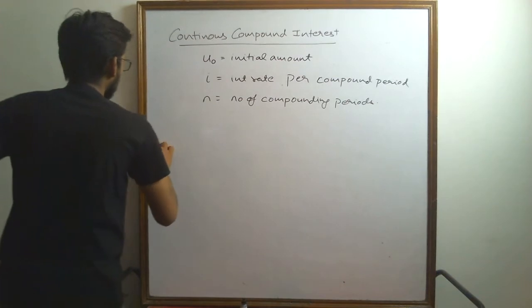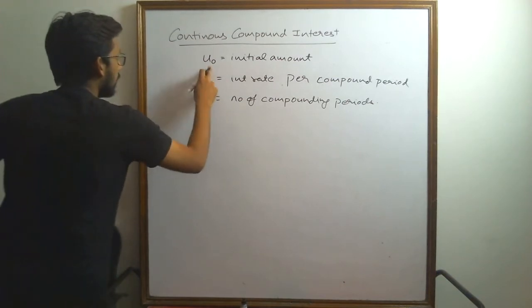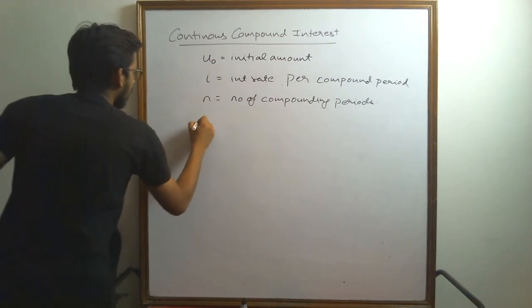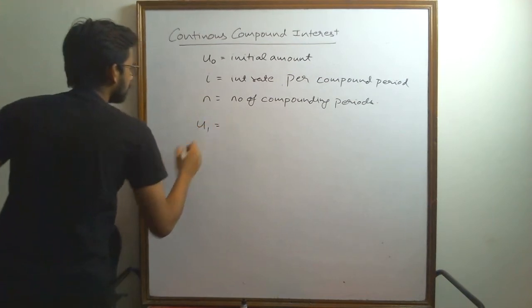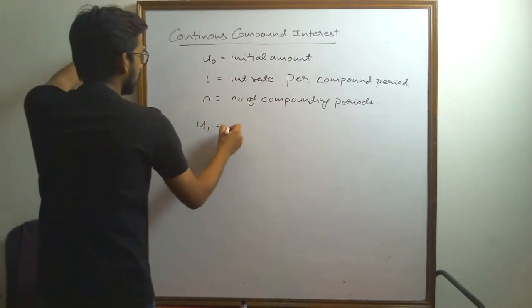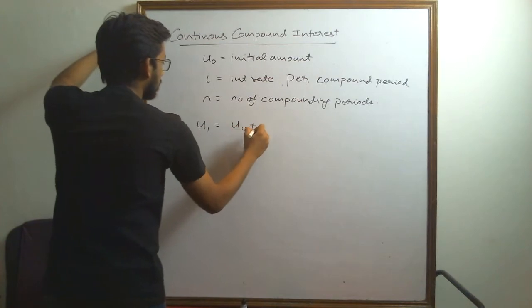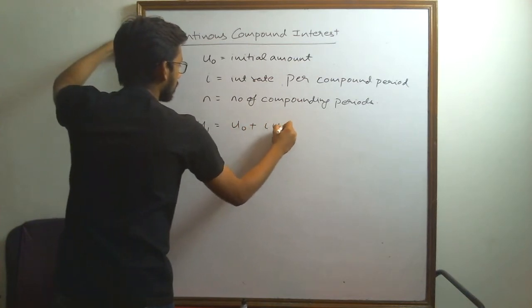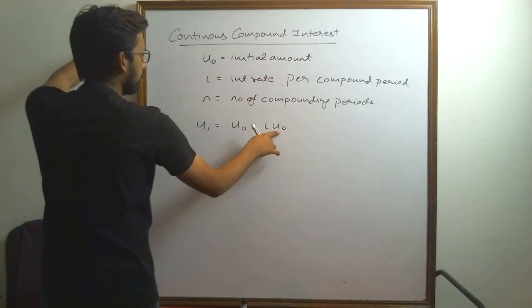Now let's see. The initial amount we have is U naught. After one period, the amount we will have will be U naught plus I U naught, I percent of U naught.